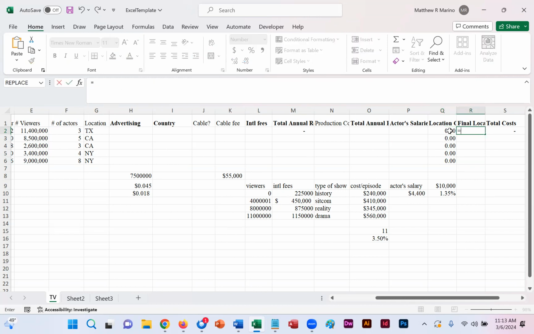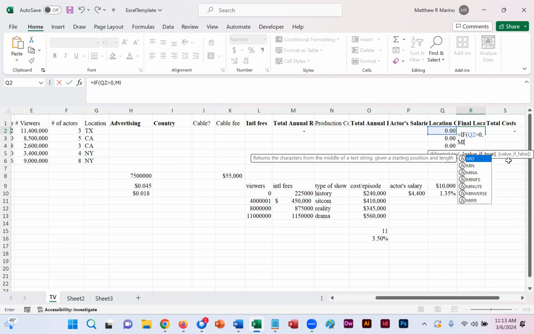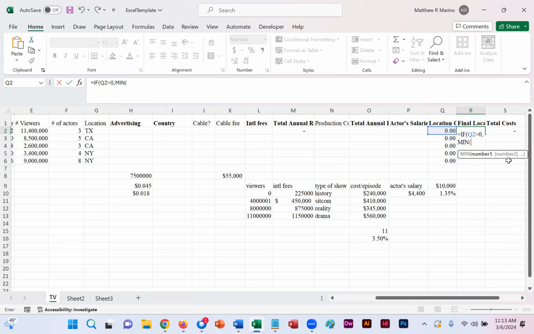And then for final, you do if that's greater than 0, then the true is the minimum between the 10,000, comma, your location cost.